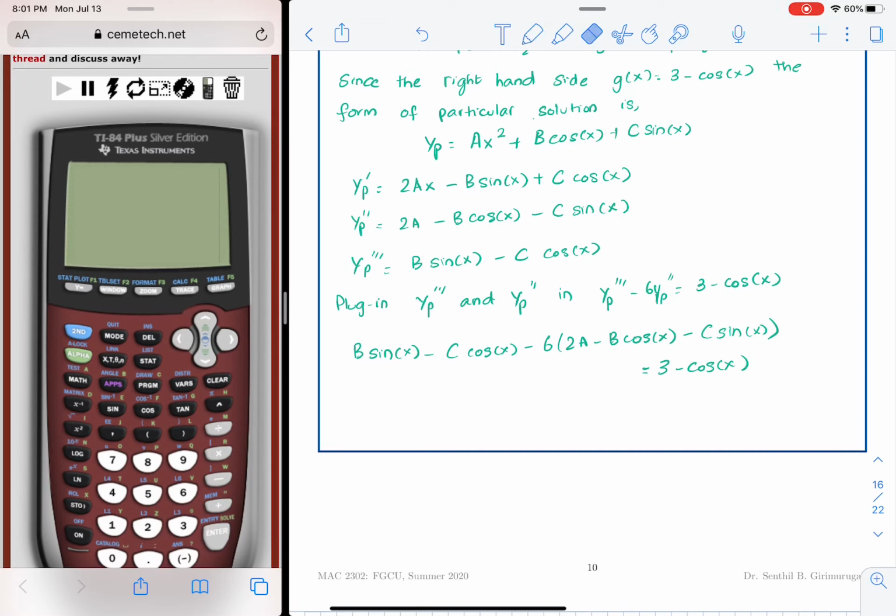So that would imply minus 12a. Well, let me distribute it first. Minus 12a plus 6b cosine x plus 6c sine x equals 3 minus cosine x.